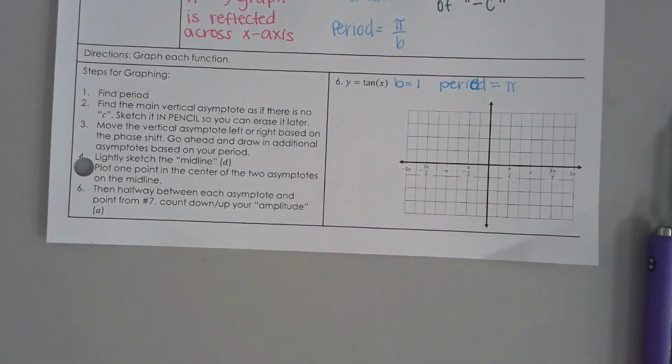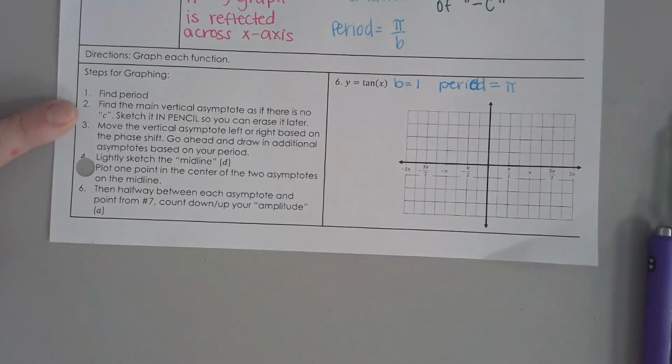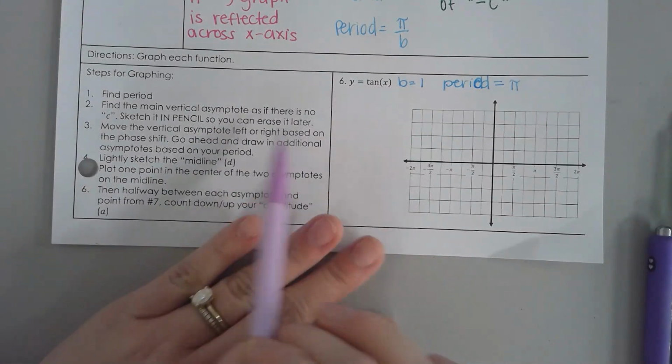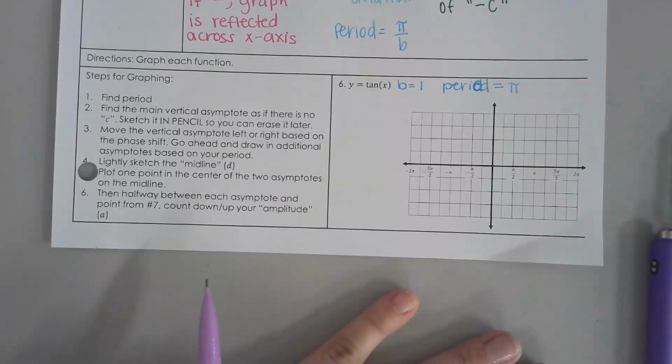Now, we're just going to stop there. Next, we're going to figure out what the main vertical asymptote is. Especially on more complicated ones, you're going to need a little pencil, so we're going to sketch that one in pencil first.